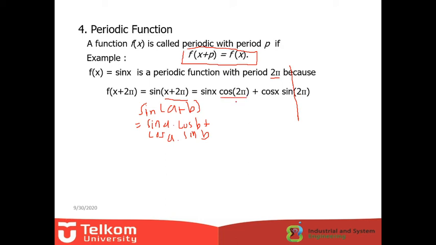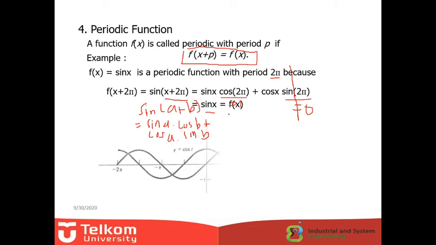Cos 2p equals 1, sin 2p equals 0. So 1 times sin x is sin x, cos x times 0 is 0. Then the result is equal to sin x. So sin of x plus 2p equals sin x. Since sin x equals f of x, f of x plus 2p equals f of x. So this is what we call a periodic function with period 2p, and this should be the graph.